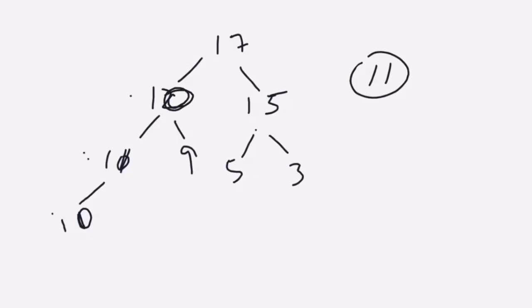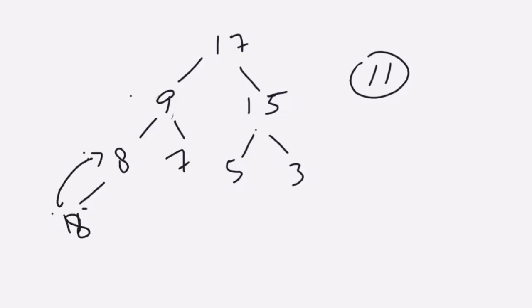But suppose you would have this as 10 again. Let me give a good example. Suppose we had something like 9 and then 8 and 7, and you inserted 11, so you swap these. 8 comes here and 11 comes there, and then you continue to propagate because its parent is smaller.